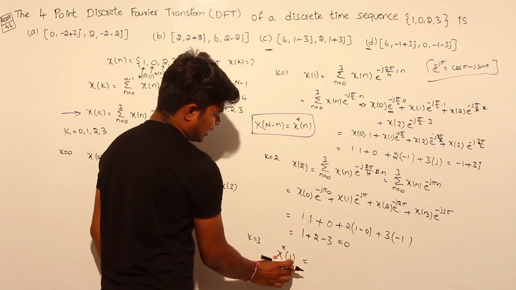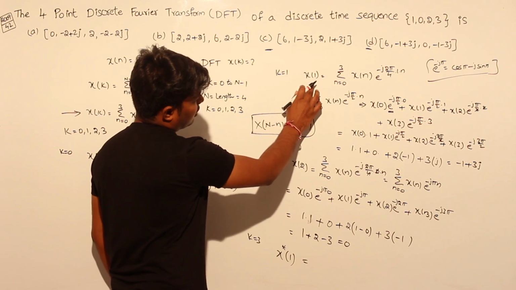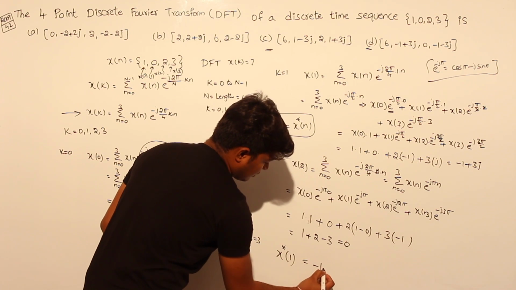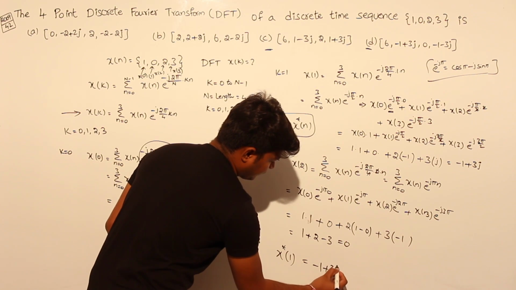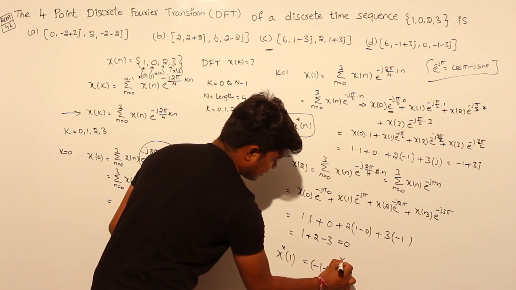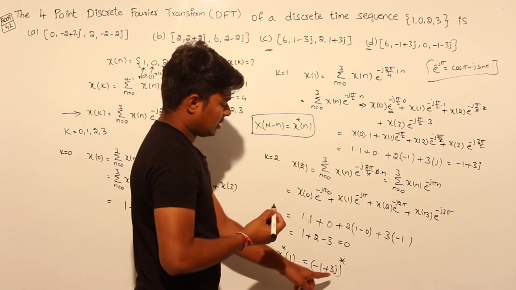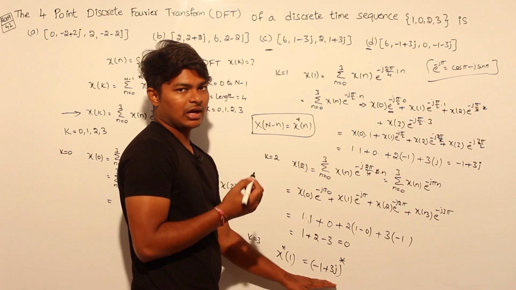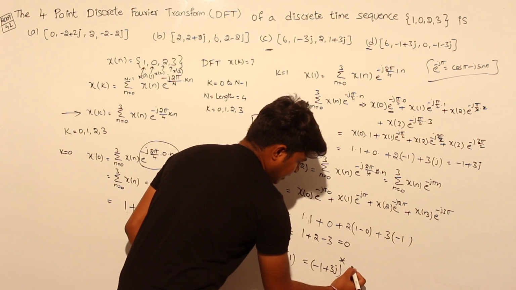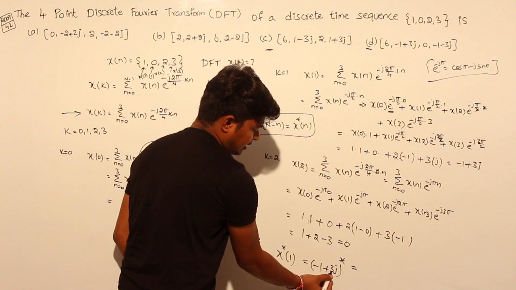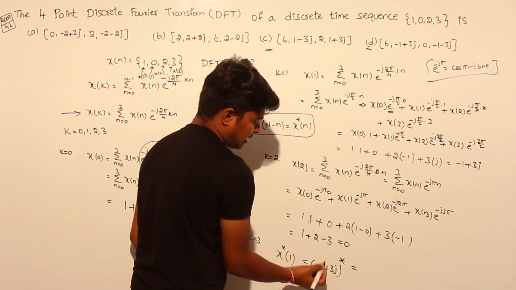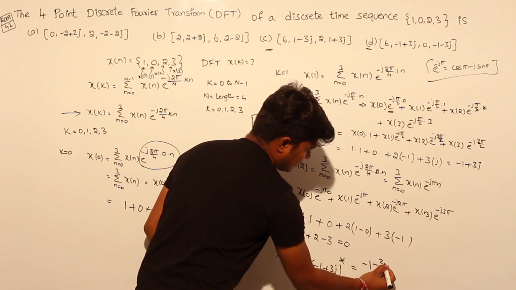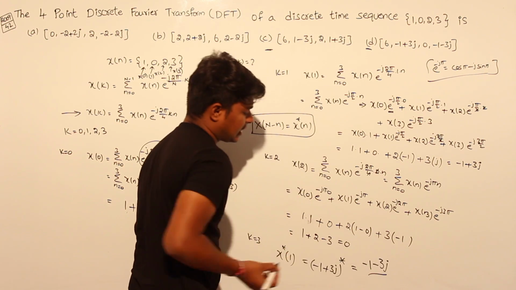So you take x of 1, we got x of 1 as minus 1 plus 3j. Star means for the imaginary part you need to change the sign. So for the imaginary part it is minus 3j, you need to change the sign, plus to minus, this will be equal to minus 1 minus 3j. This will be the answer.